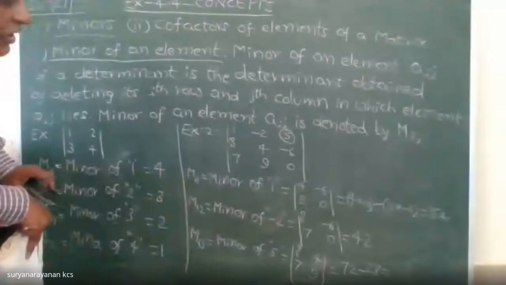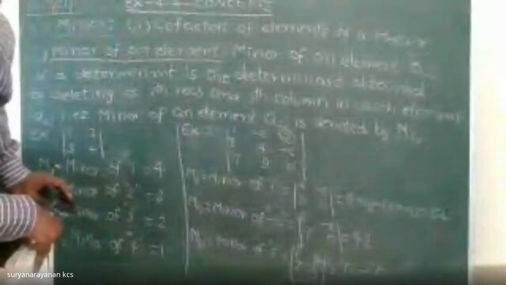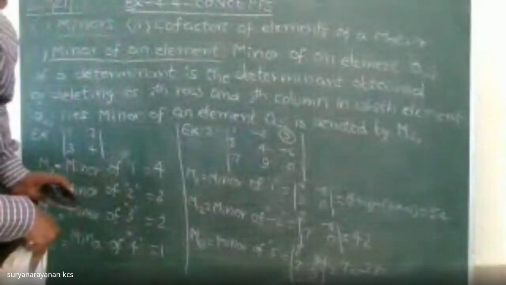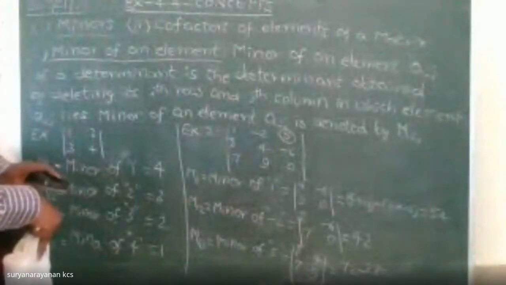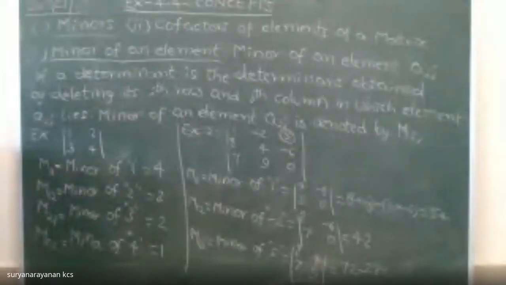Totally, 9 elements are there. For each and every element, we can find the minor. Got this point, my dear children? Yes, sir.